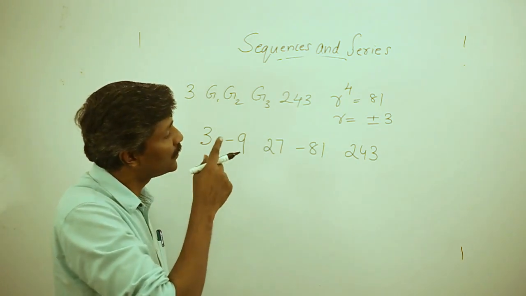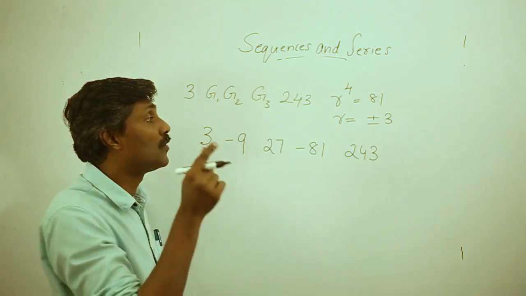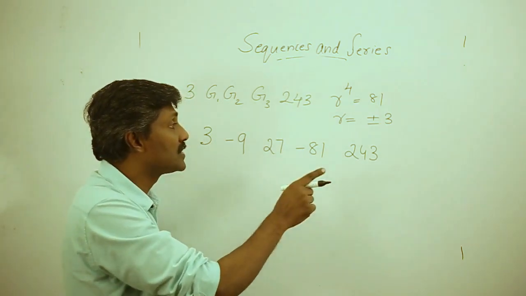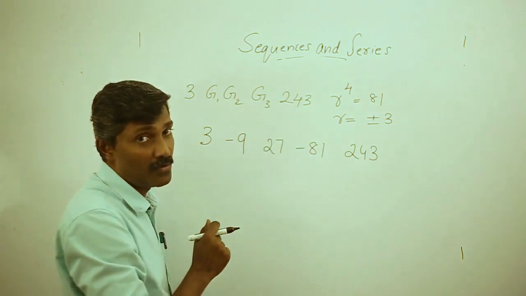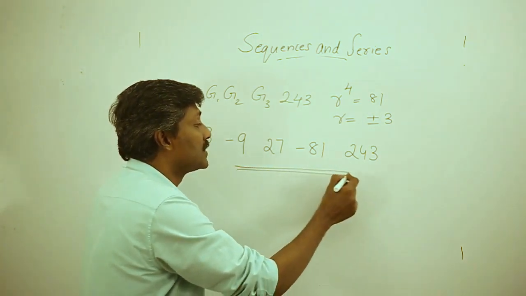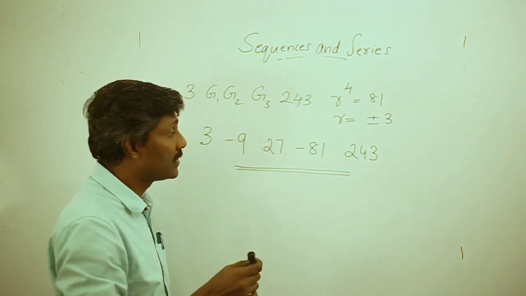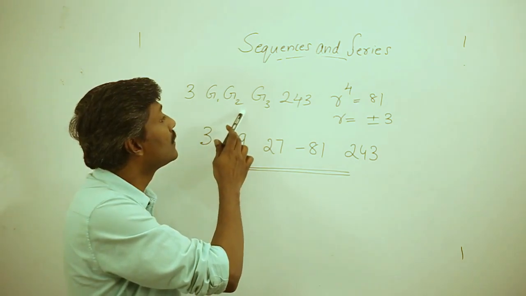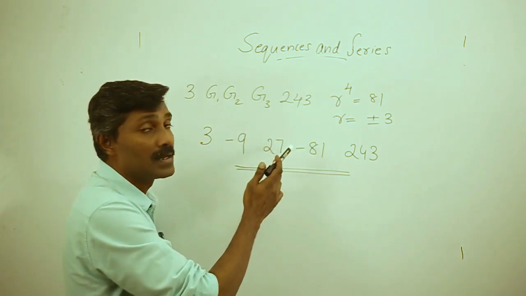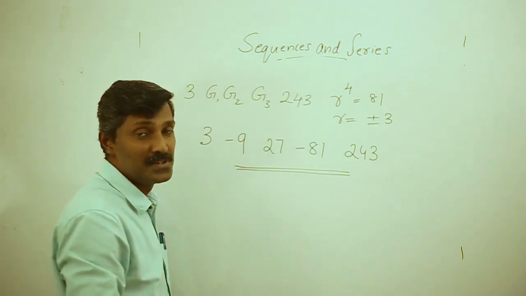One is 3, 9, 27, 81, 243 for the plus value of R, but you should also write the sequence for the negative value of R. So this is the second sequence. This also satisfies the condition that these three numbers, when inserted between 3 and 243, result in a GP.